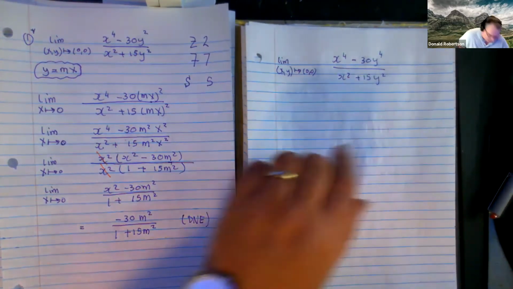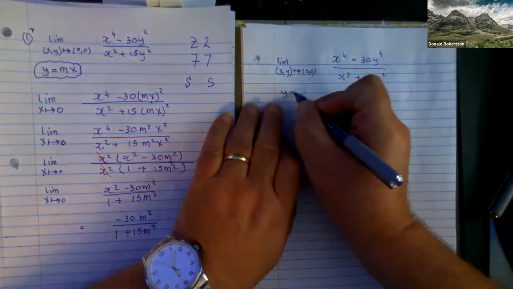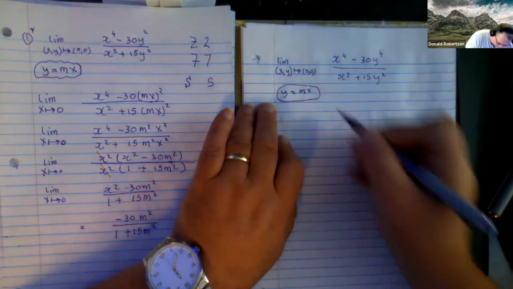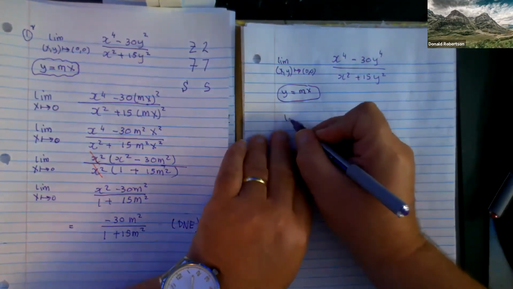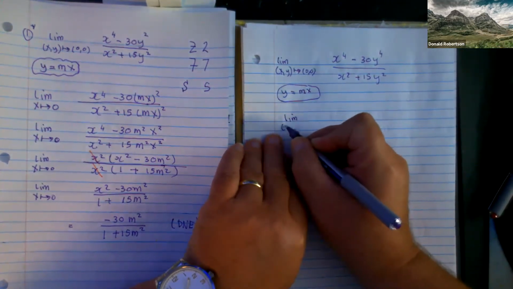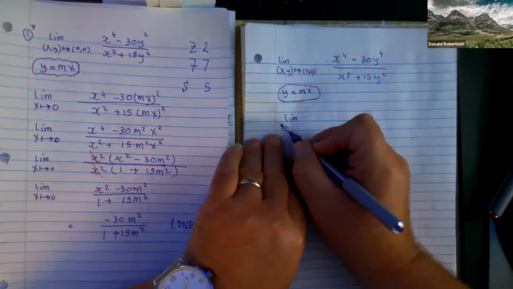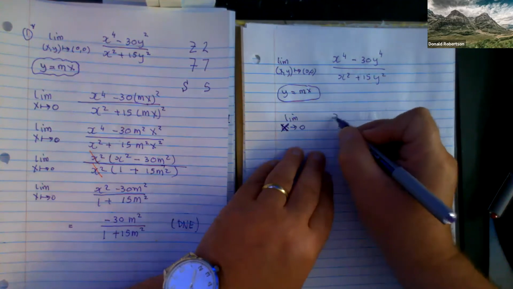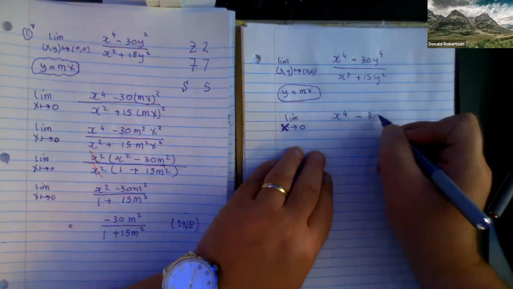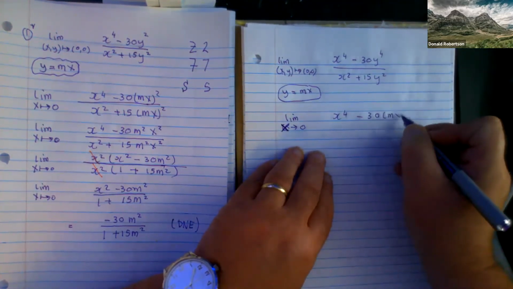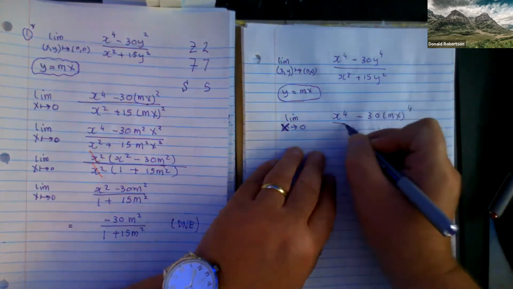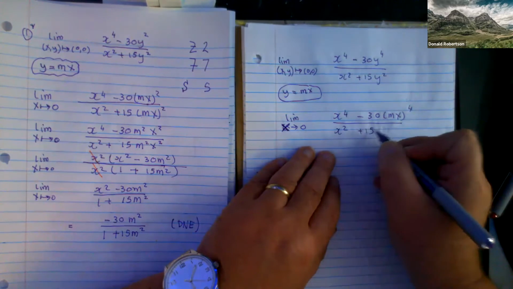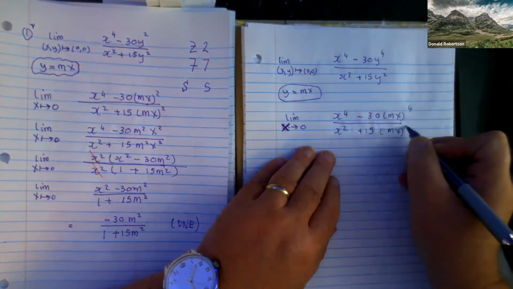Let's see what happens in this one. I'll make the same assumption that y is equal to mx, and I will do the limit. Oops, I don't need brackets now. The limit as x tends to 0 then, of x to the 4, take away 30 m x to the 4, all over x squared plus 15 m x squared.